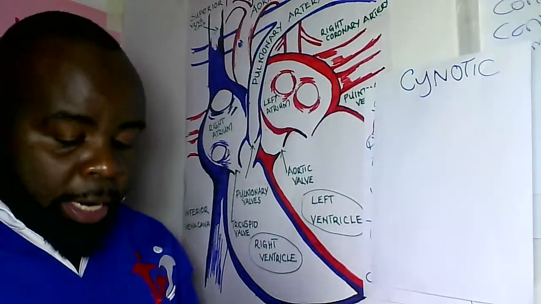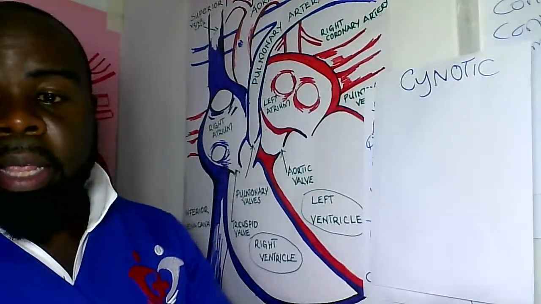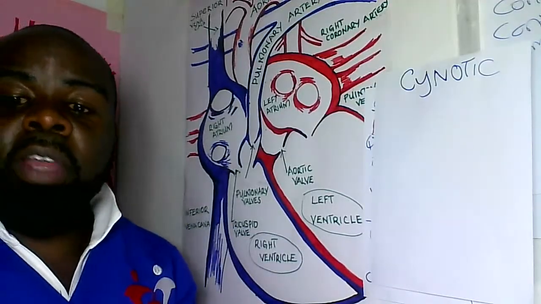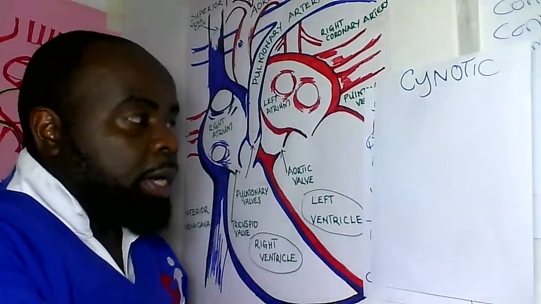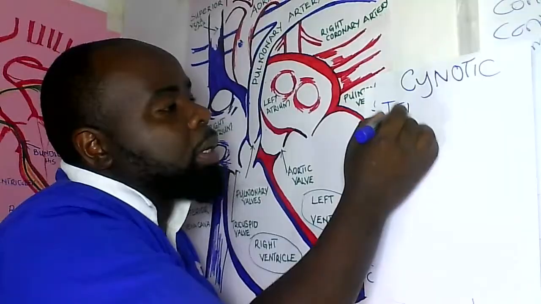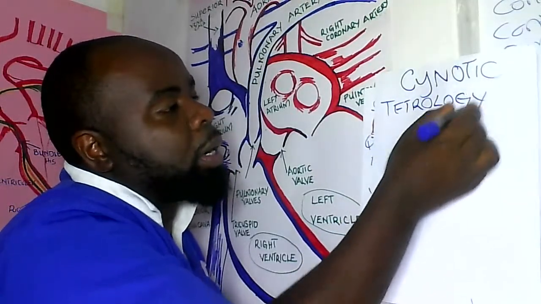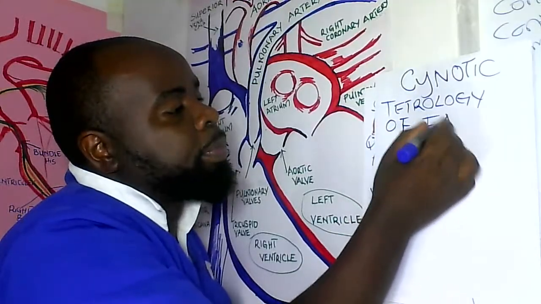Cyanotic means that with these ones, your blood has no oxygen. There is a condition that is very famous, and I know some of you have known about it. It is called tetralogy of Fallot.